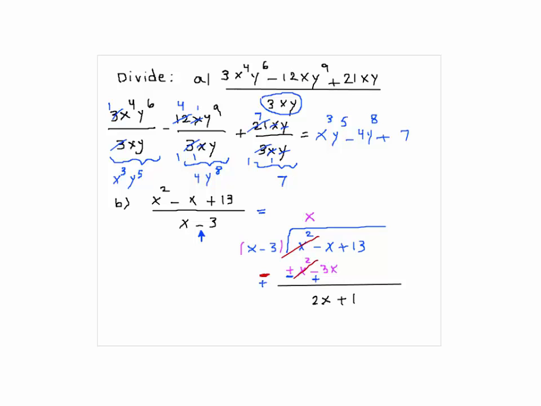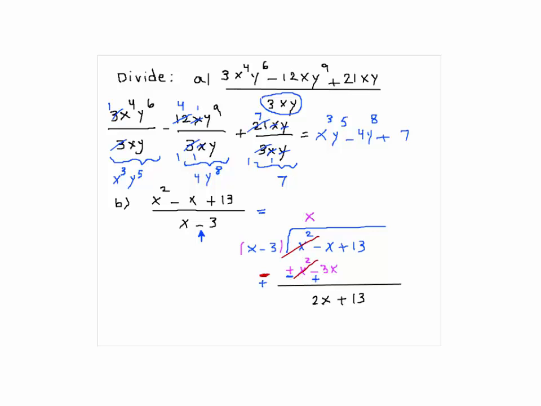So that would be my remainder so far. Remember, when you subtract in columns, you change the subtraction to addition, and then change the sign of the second polynomial into its opposite sign.